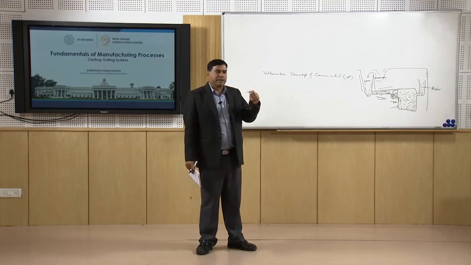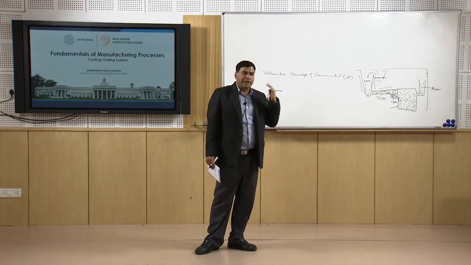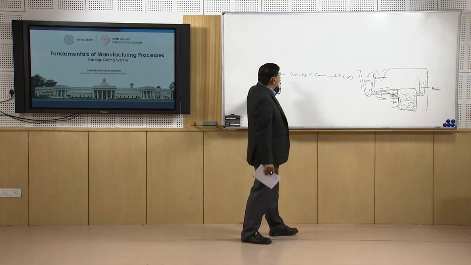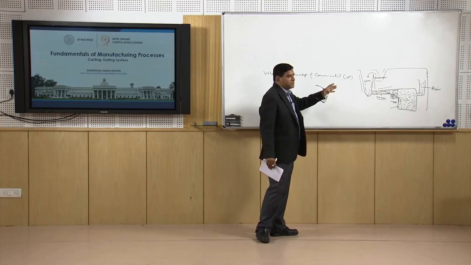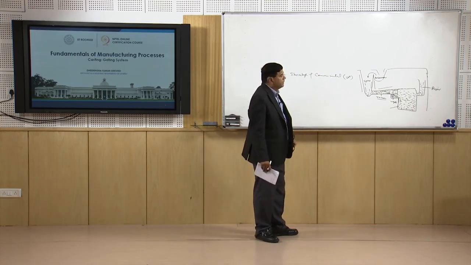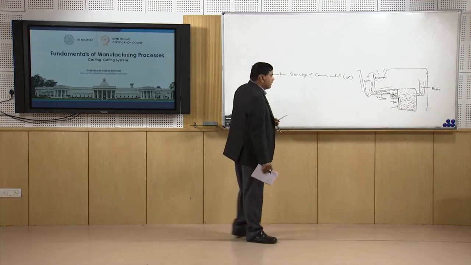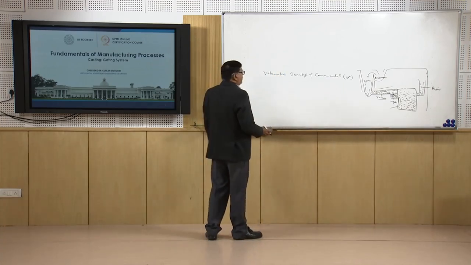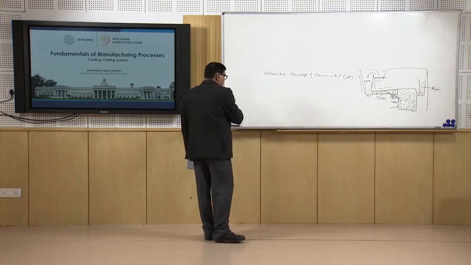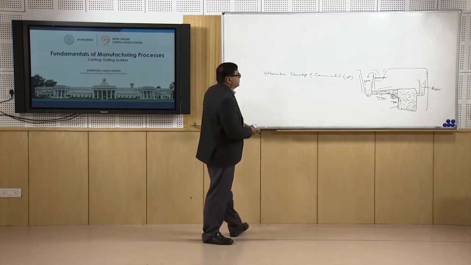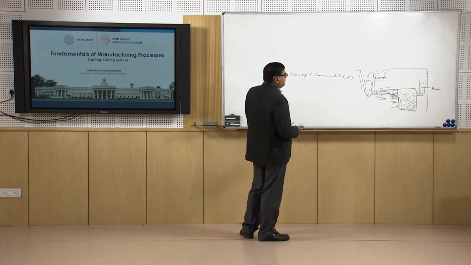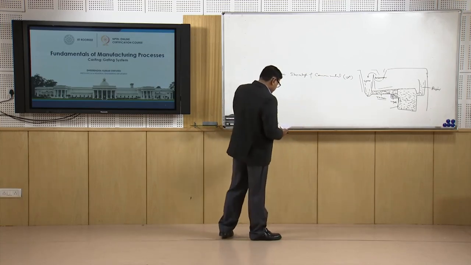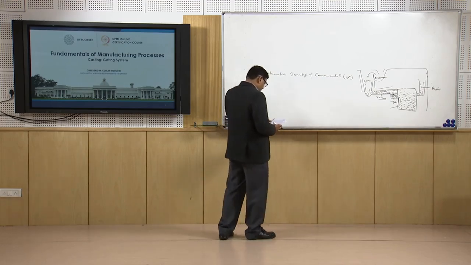We have considered the linear dimension for calculation of the shrinkage allowance, but here it is the volumetric shrinkage which will be considered for determining the volume of the metal in the riser, so that the required liquid metal can be fed to deal with the shrinkage of the metal due to the liquid to solid state transformation in the course of solidification.